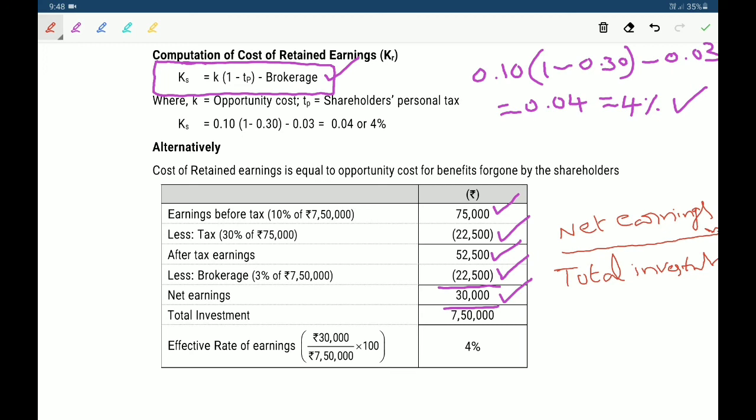What is the net earnings? 30,000 is the net earnings. Net means tax and brokerage are deducted. 30,000 by the total investment, 7,50,000 rupees, into 100 gives 4% as the effective rate of earnings. This is the second problem.